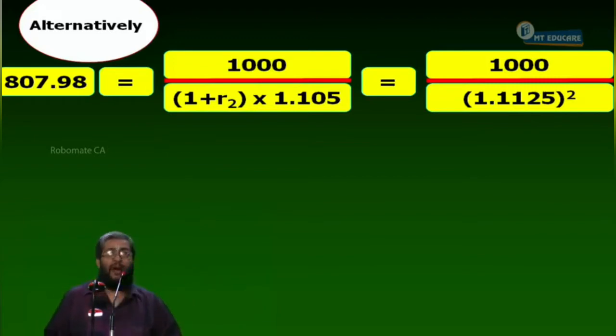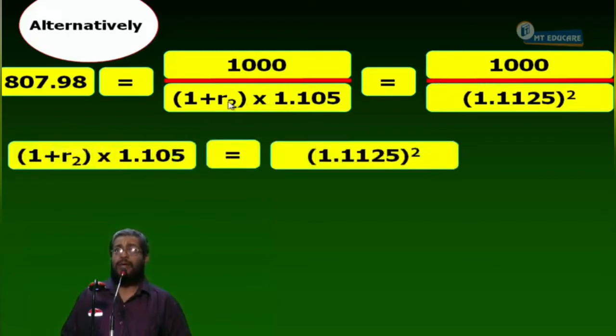Respond yes or no? Now, in that case, let us equate these two. This 1000 and 1000 becomes irrelevant. This 1000 gets cancelled or not? In other words, I can say like this. The denominator (1 + R2) into 1.105 is equal to 1.125 the whole square. Accepted? Yes or no? Because the numerator is the same, the denominator should also be what?